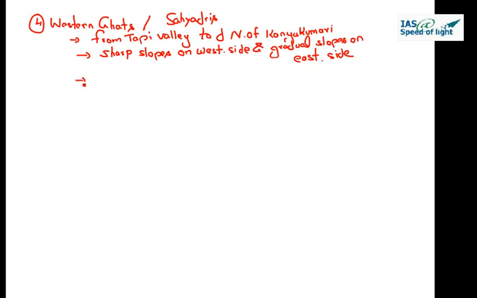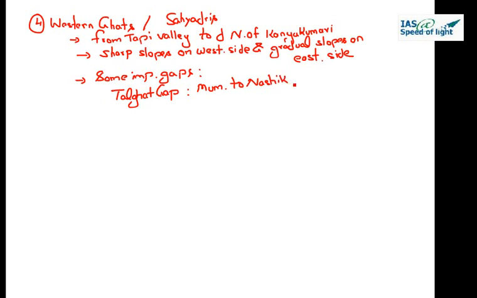Some important gaps we have to remember for Western Ghats. First gap is the Thal Ghat gap, which is between Mumbai to Nasik. Second, we have Bhor Ghat gap, which is from Mumbai to Pune.